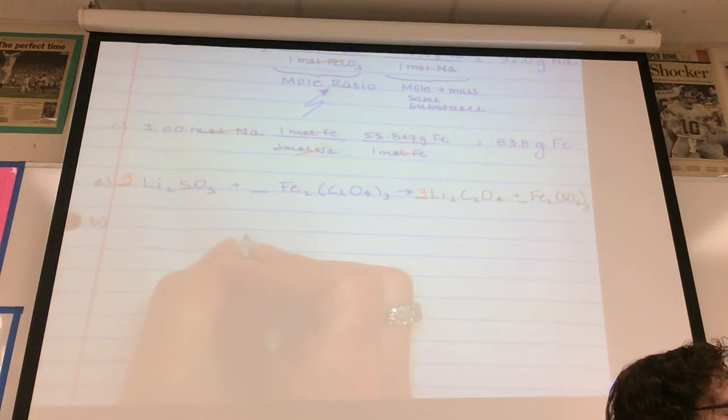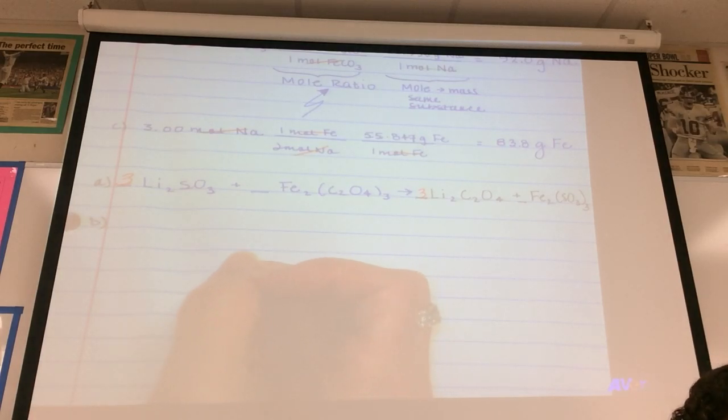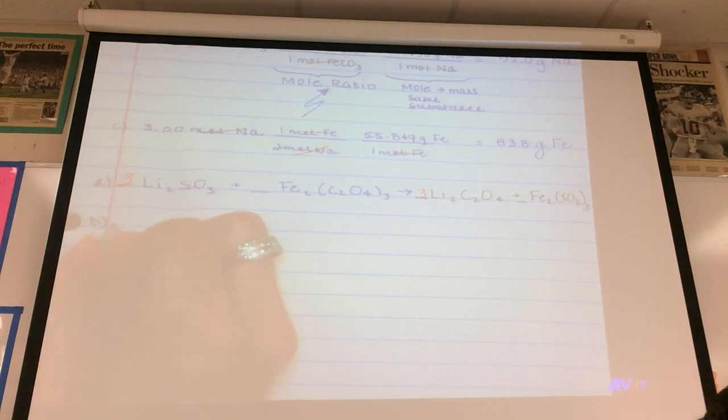B says how many moles of iron 3 oxalate should react with 123 grams of lithium sulfite? What's my given? 123 grams of lithium sulfite.